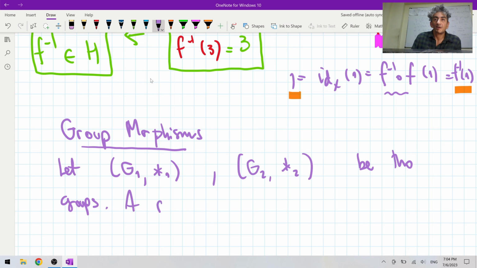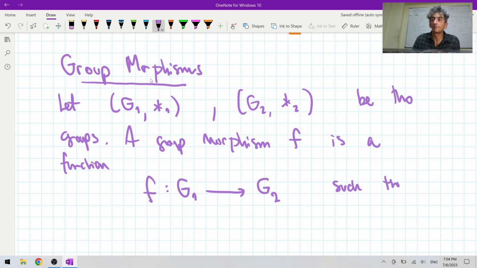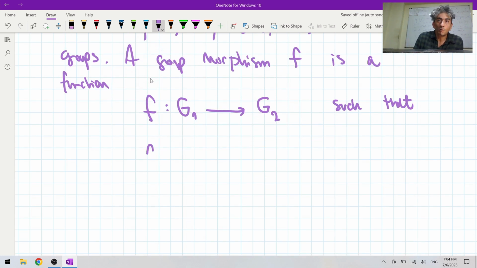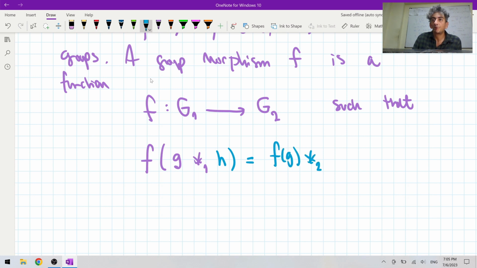A group morphism f that goes from G1 to G2 is simply a function such that whenever we apply f to g star 1 h, this is equal to f of g star 2 f of h.